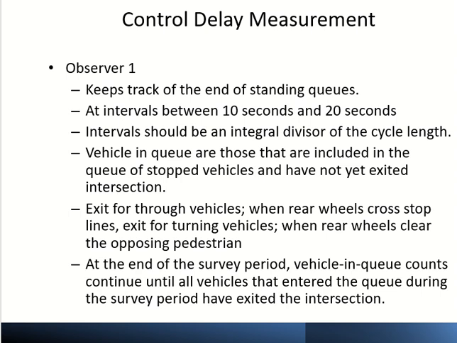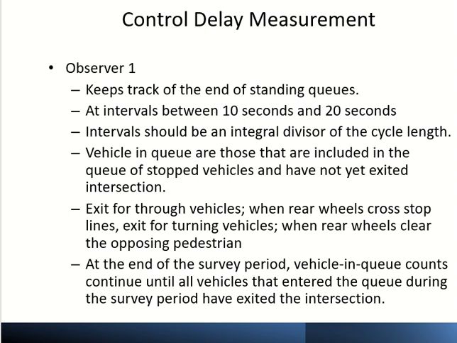For turning, until the vehicle reaches the other side, it is in the queue for turning. Okay, for straight, the stop line is the indicator. For turning, the vehicle has to reach the other side. So I'm making a left turn, I'm in the intersection now.